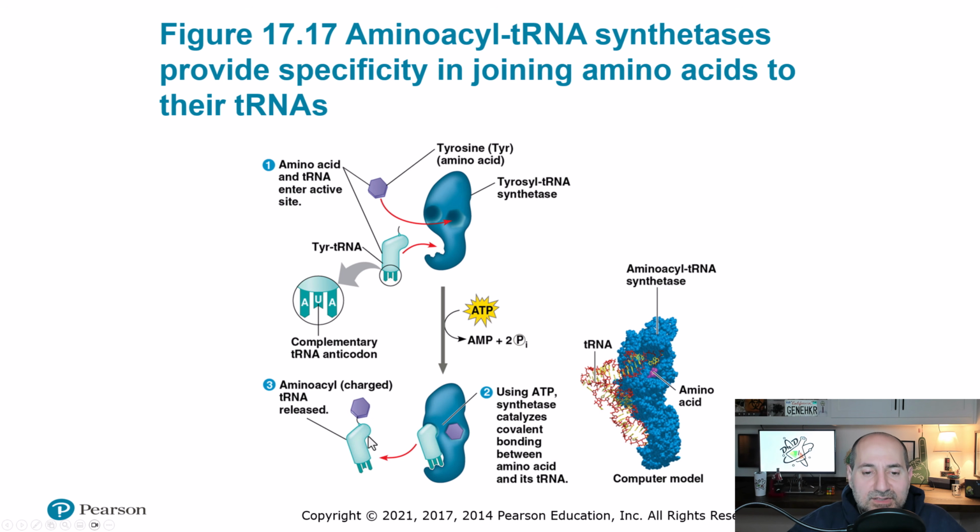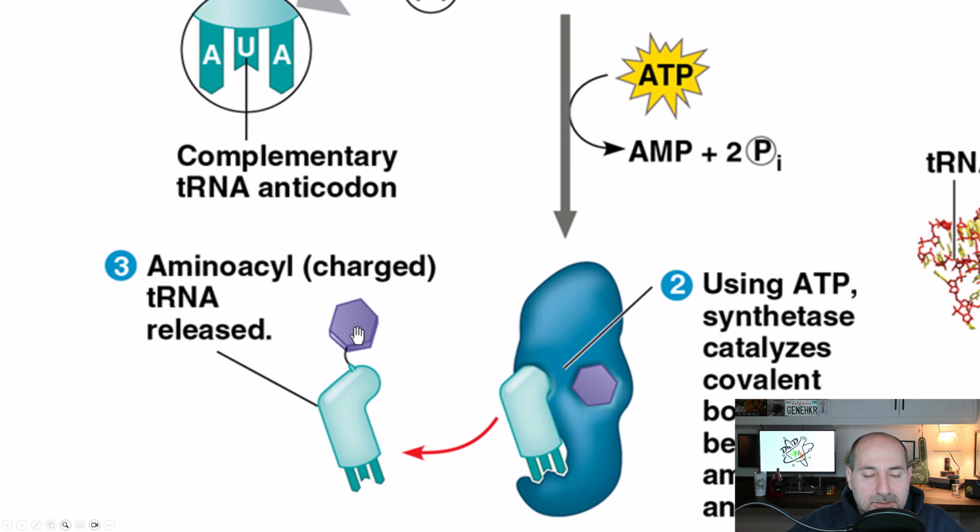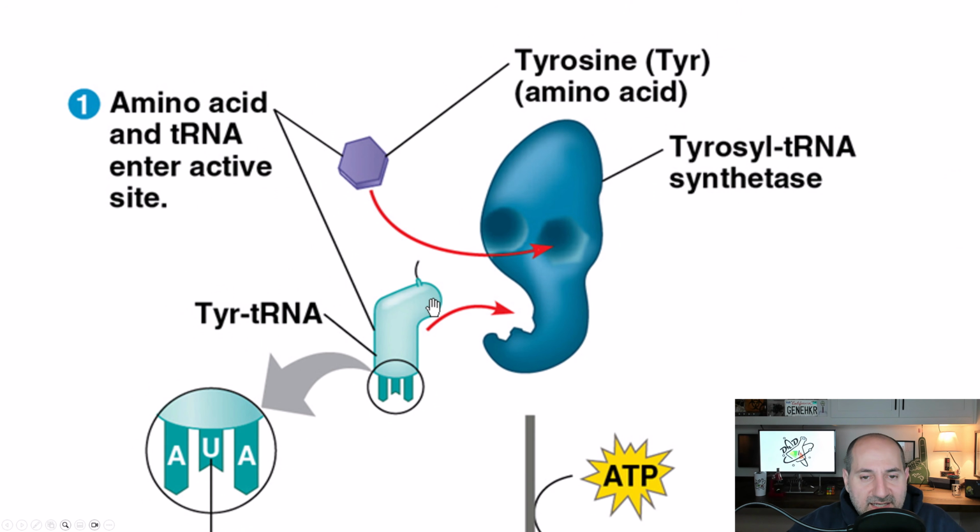Does that make sense? And you can think of these tRNA that have the correct amino acid attached as charged tRNA. The tRNA that do not have the appropriate amino acid attached are called uncharged tRNA.